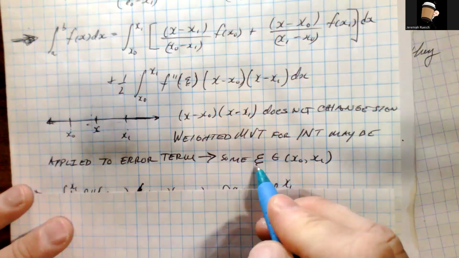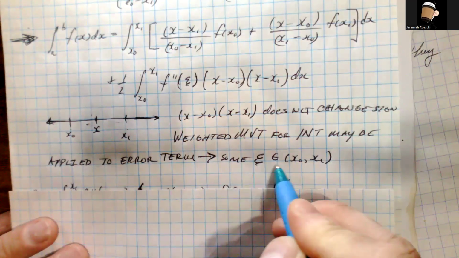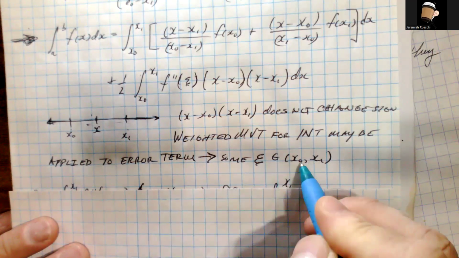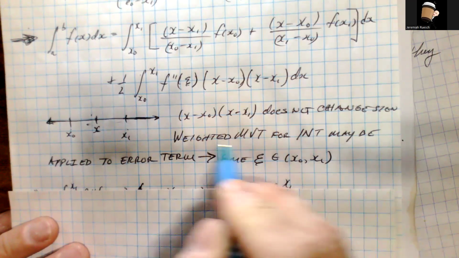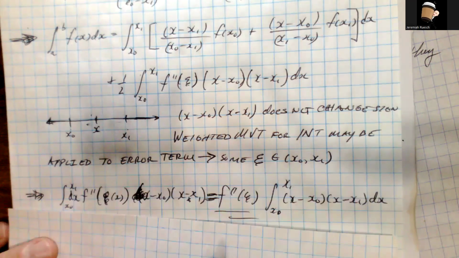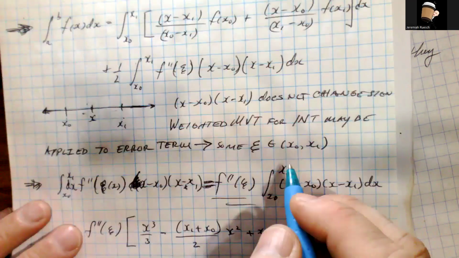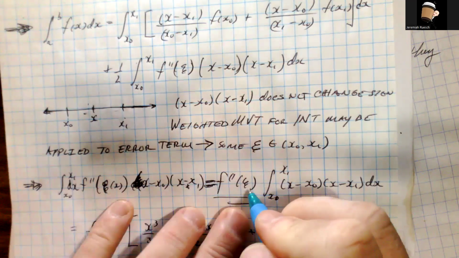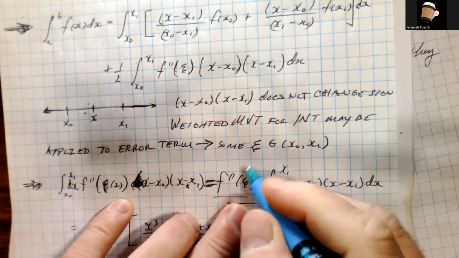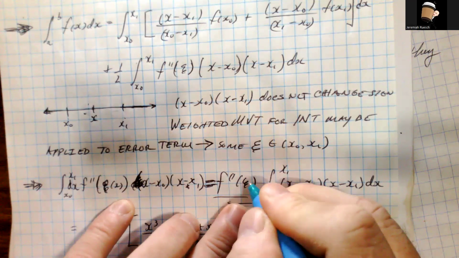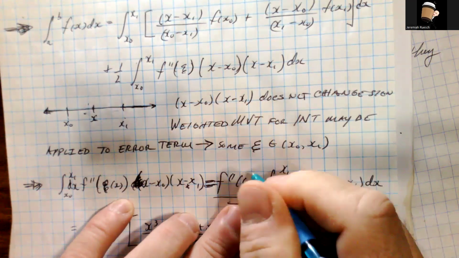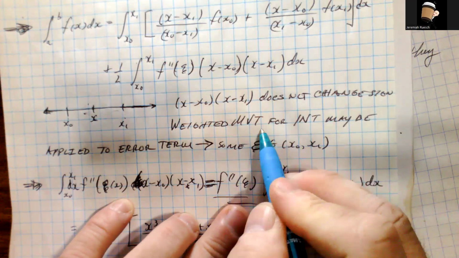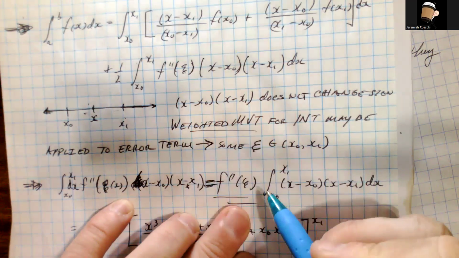Okay. So there is some xi in this interval that we're considering here, such that when we plug that value in, it creates a constant value for the function to pull out. It's the idea of the weighted mean, right?